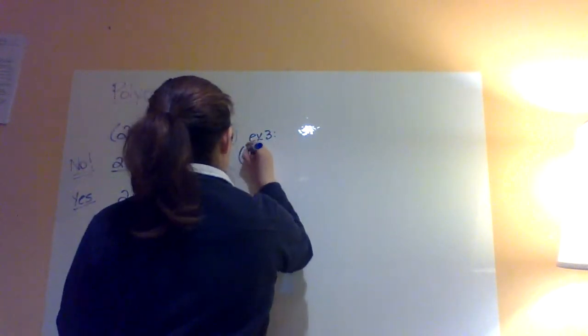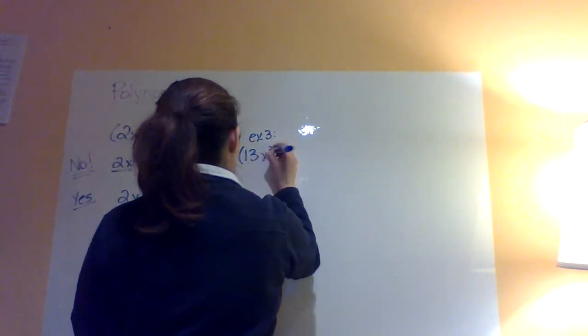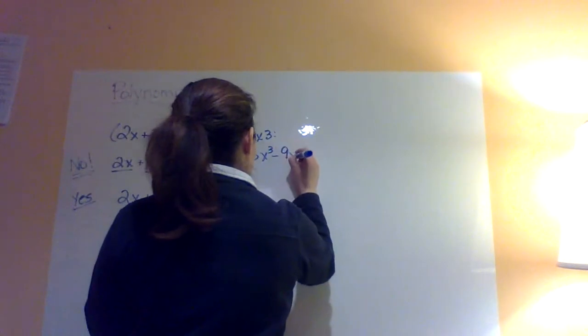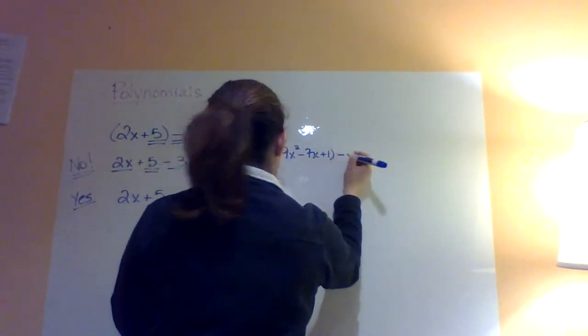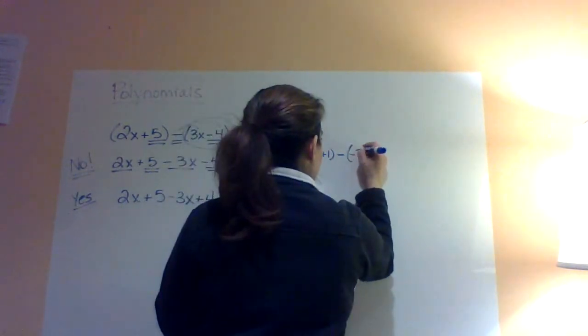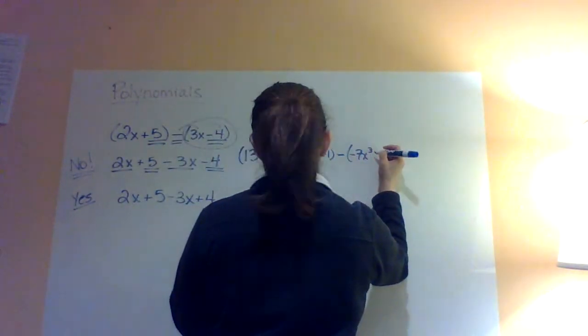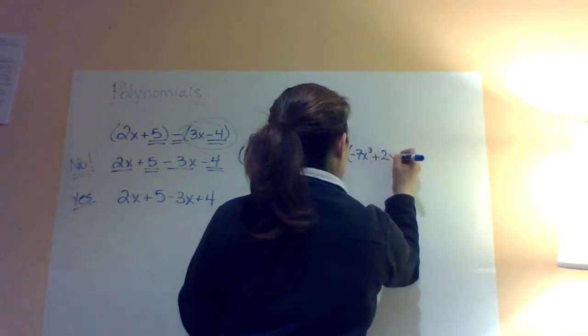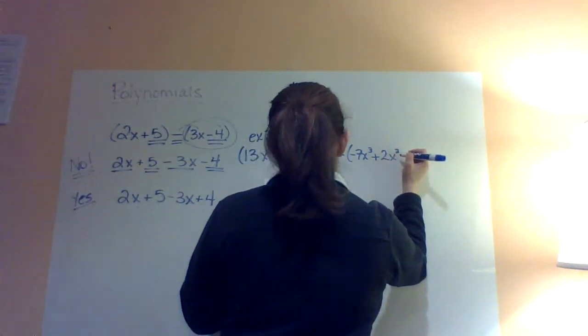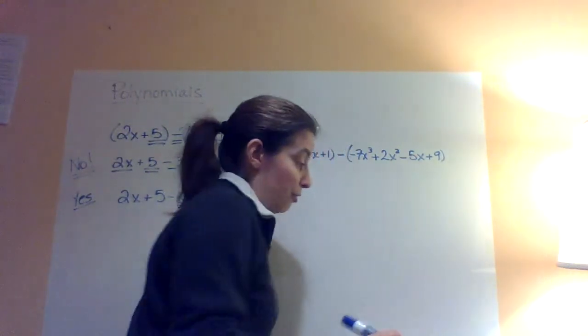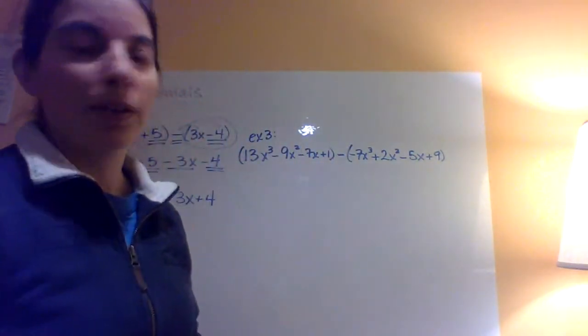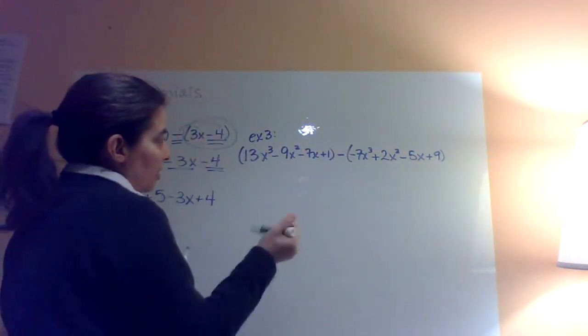So I have 13x cubed minus 9x squared minus 7x plus 1 minus negative 7x cubed plus 2x squared minus 5x plus 9. Okay, so again, if you want to rewrite this without any parentheses, we can.